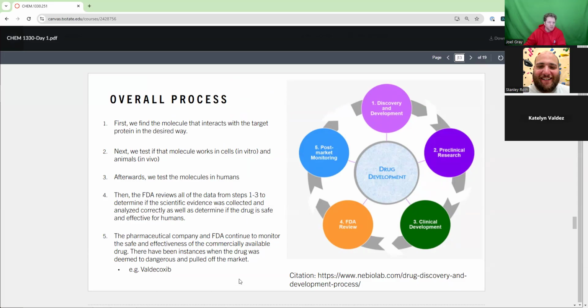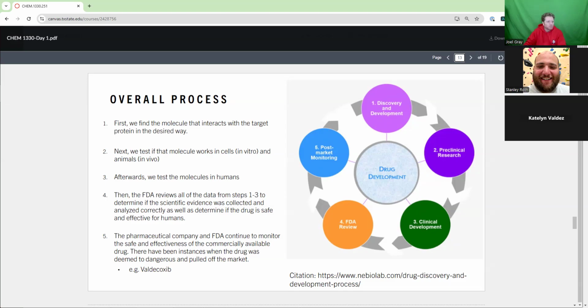So I might have a question like, the pharmaceutical company and FDA continue monitoring the safety and effectiveness of this drug. What is this known as? Or which step in the drug development process is this best describing? Oh, sorry.